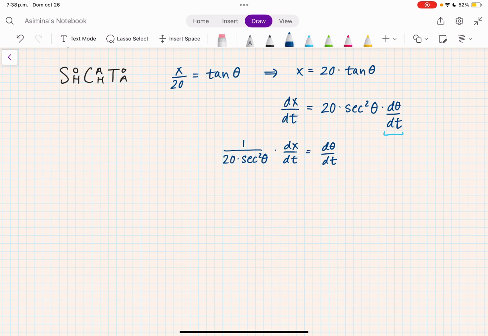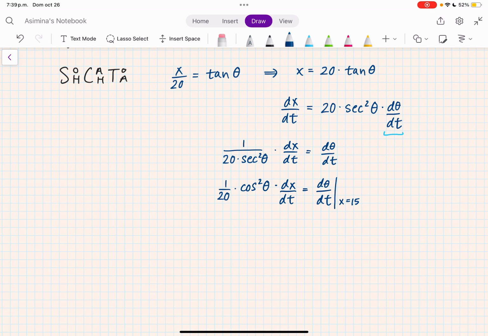Now, we know that 1 over secant squared theta is equal to cosine squared theta. So I can rewrite this as 1 over 20 times cosine squared theta times dx/dt equals dθ/dt. And remember, we want to solve for dθ/dt when x equals 15.